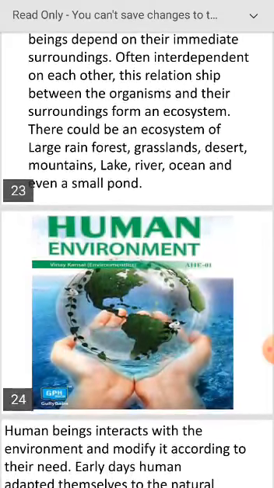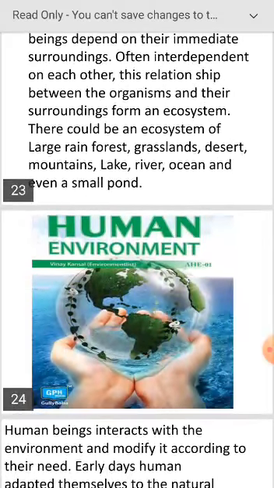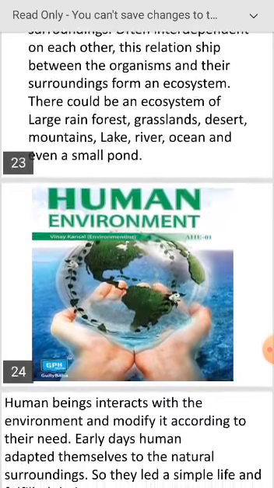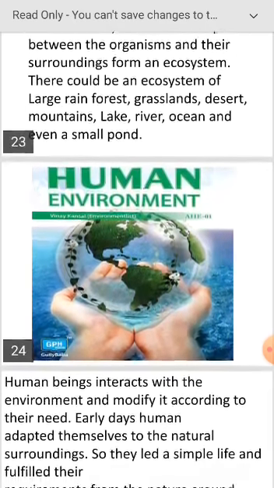It could be an ecosystem of a large rainforest, grassland, desert, mountains, lakes, river, ocean, and even a small pond. So it is the human who has to protect all these natural resources upon this earth.